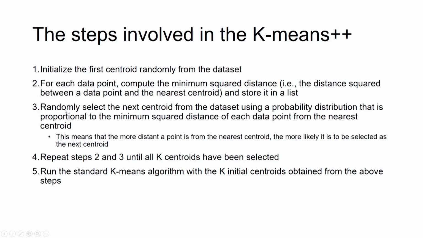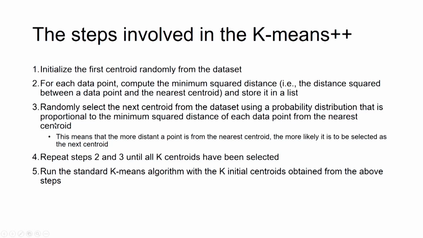Then in the next step we will randomly select the next centroid from the data set using a probability distribution that is proportional to the minimum squared distance of each data point from the nearest centroid. Basically, the idea is that we will choose the data point as the next centroid that is farthest from any of the previously chosen centroids.